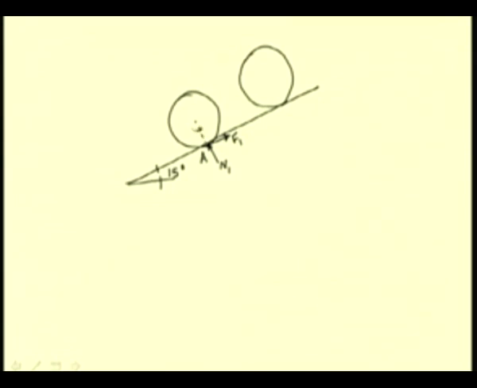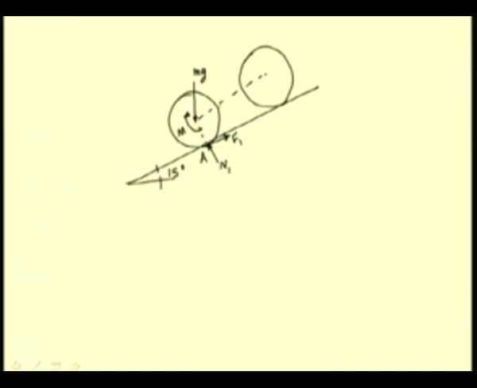We have the applied moment M, and the weight of this cylinder, mg, which is acting. Let us say this is the line connecting the centers of the rollers.